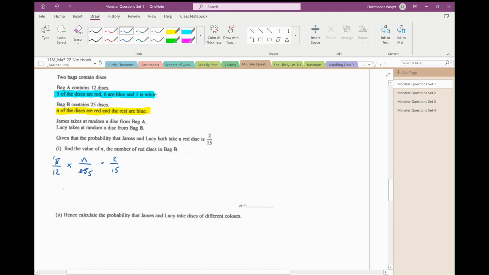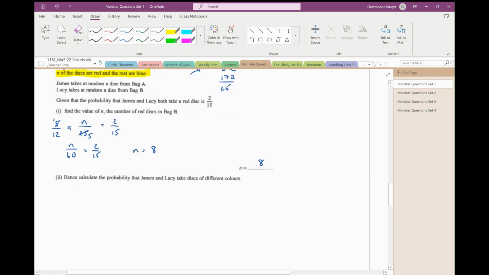So on the left-hand side, I get n over 60, and that equals 2/15. So multiply both sides by 60, and that will tell me that n is 8. So before I do anything else, bag B has got 8 red and 17 blue out of its 25 discs.